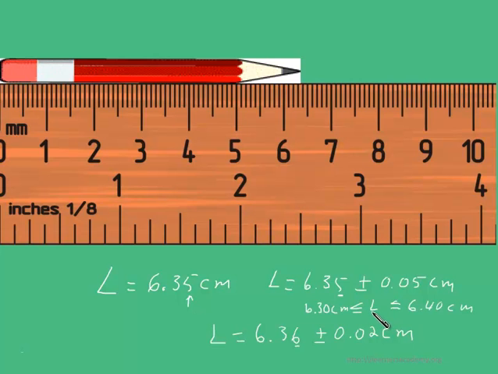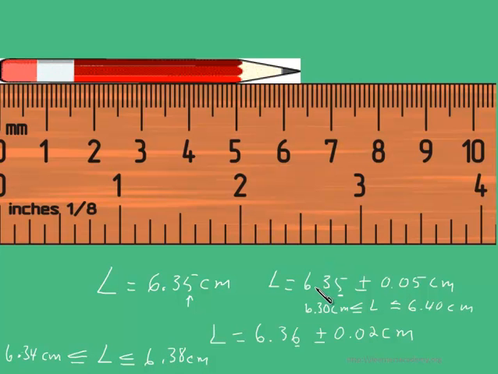That is, L, the length of the pencil, is greater than 6.3 centimeters and less than 6.4 centimeters. In other words, the length is between 6.3 and 6.4 centimeters. Now in this case, the experimenter is saying that the length of the pencil is somewhere between 6.34 centimeters and 6.38 centimeters. That is, the length is greater than 6.34 but less than 6.38 centimeters.